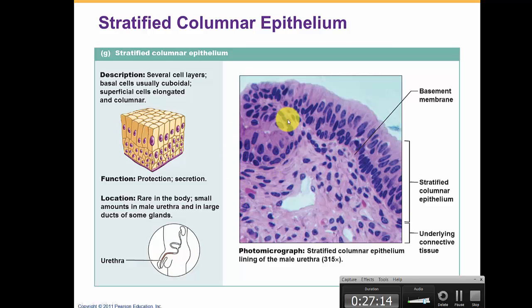How do I know from this slide that it's columnar? Well, because the nuclei are oval shaped. It's not flat and it's not circular, because the flat ones are in squamous epithelium, the circular ones are for cuboidal epithelium, and the oval ones are for the columnar epithelium.